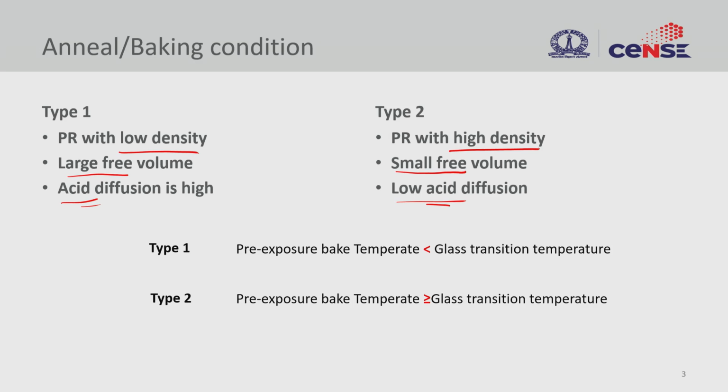For a type 1 resist, which is a low density resist, you want the baking temperature to be less than your glass transition temperature, Tg, while for a type 2 photoresist, you want this temperature to be greater than your Tg. This is typically used as a rule of thumb, so that you choose the right temperature for baking. So when you are working with low density or high density resists, make sure to understand the right temperature to choose. Look at the data sheet and choose the right temperature.